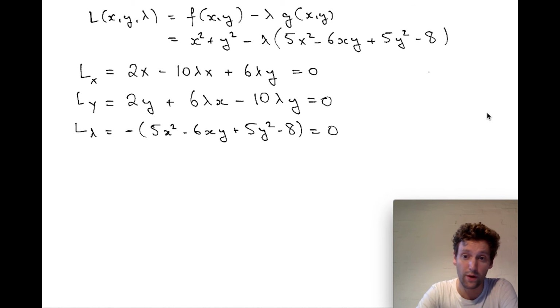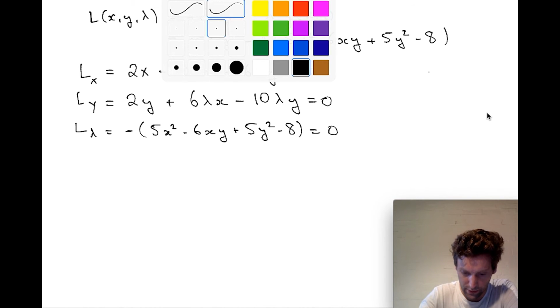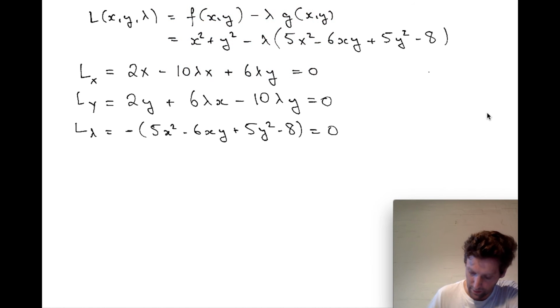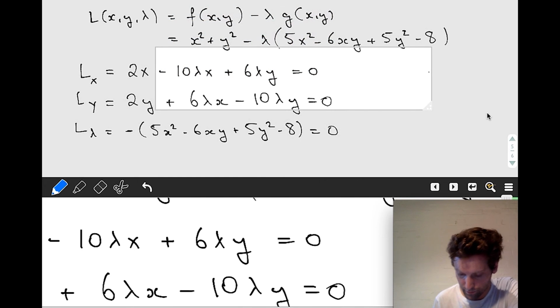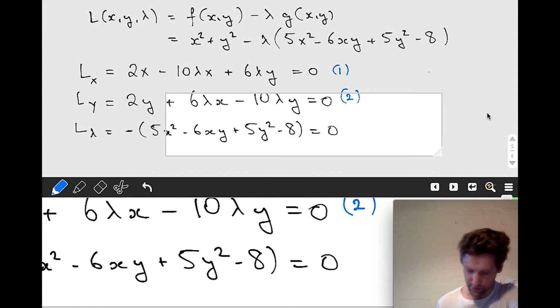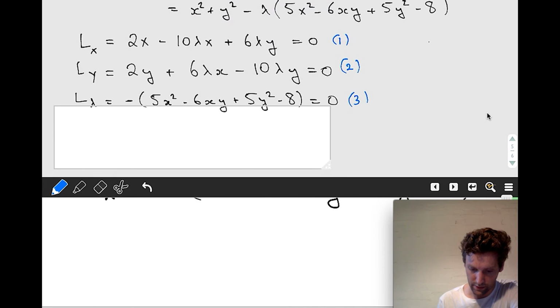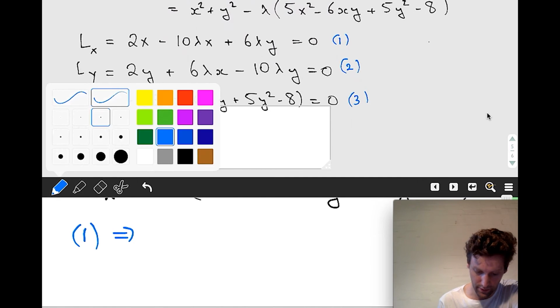Okay, so we've got three equations here for three unknowns. We're going to solve these now, and the way I'm going to do that is by rewriting those first two expressions. So let's call those expressions 1 and 2. We'll call this one expression 3. Of course, that's just the constraint again. So let's take 1 and divide out a factor of 2.